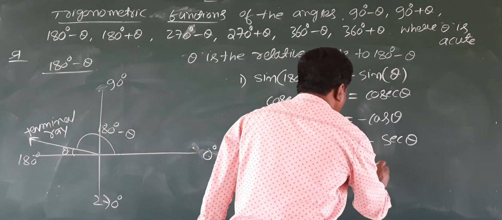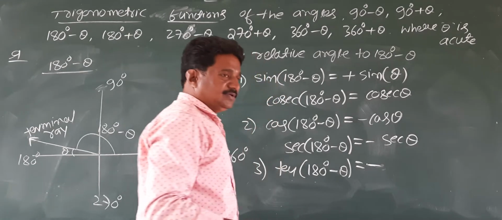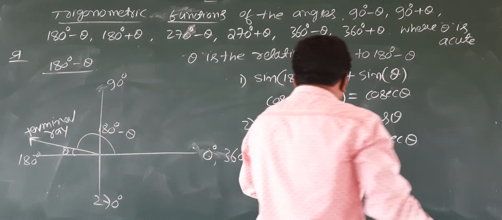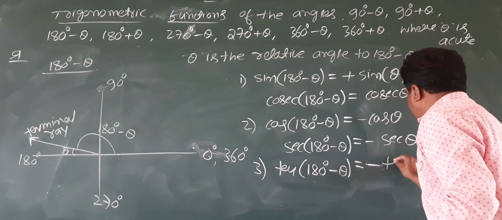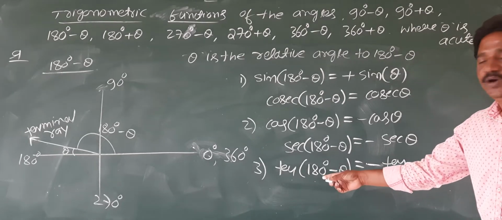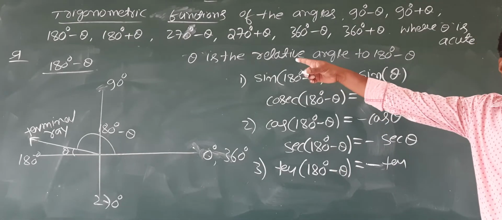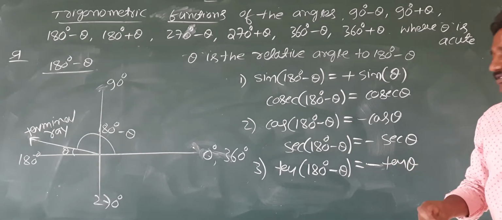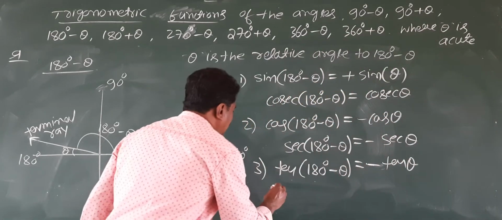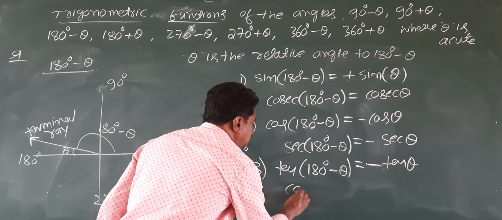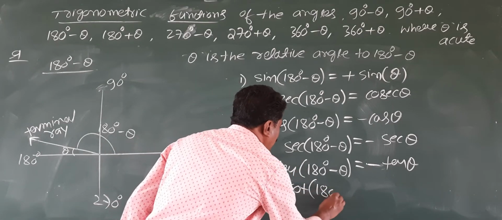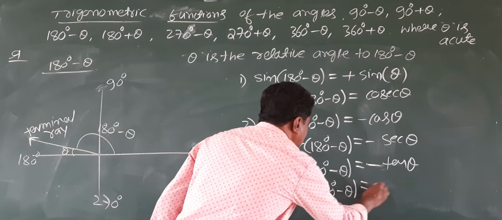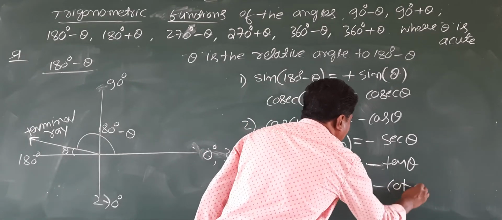So you add minus. The angle related to 180 minus theta is theta. So tan 180 minus theta is minus tan theta. Lastly, the reciprocal of tan is cot. So cot 180 degree minus theta is minus cot theta.